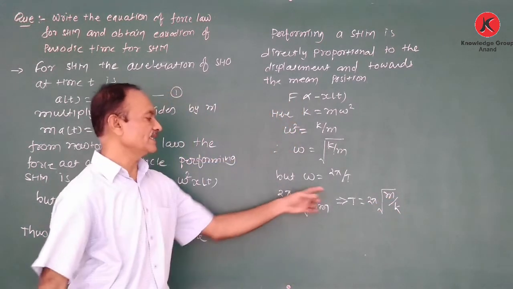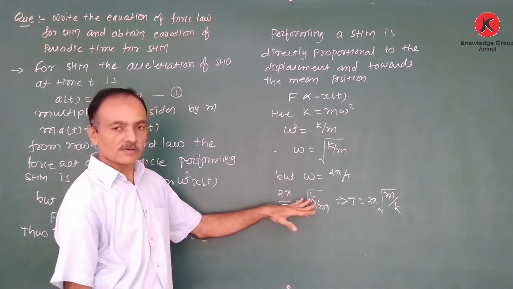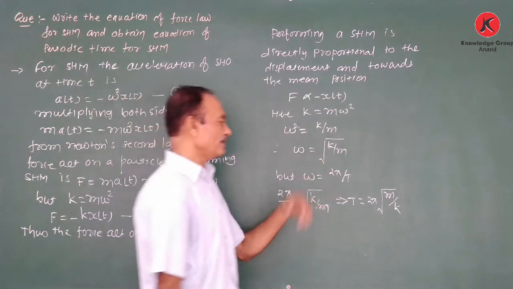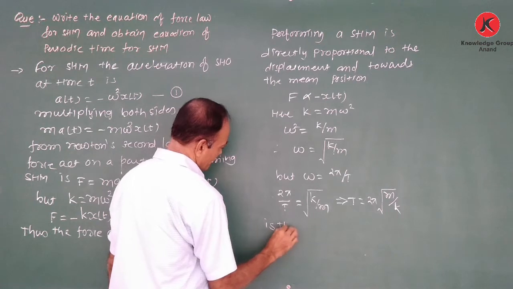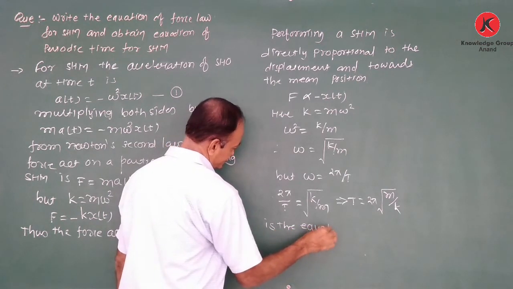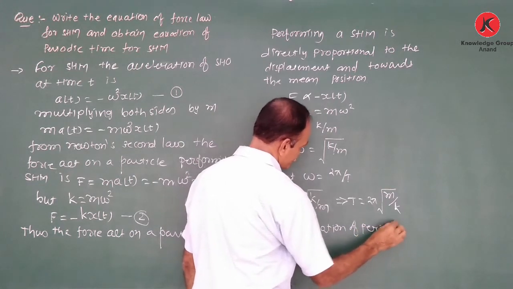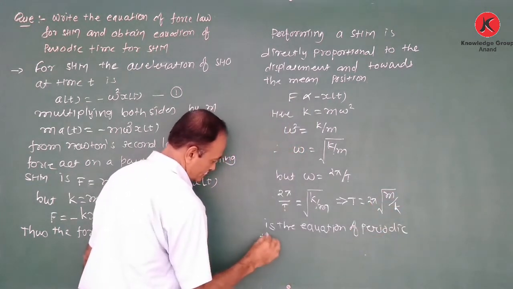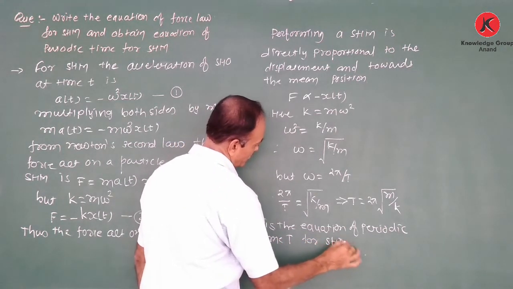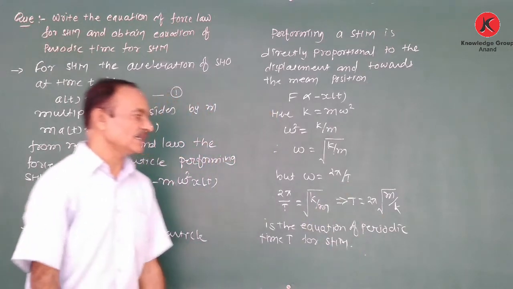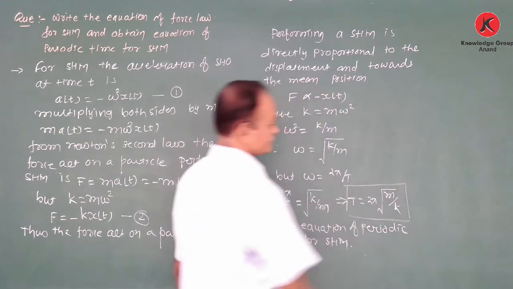This is the equation of periodic time T for simple harmonic motion. So that represents the time interval of the periodic time for this oscillation.